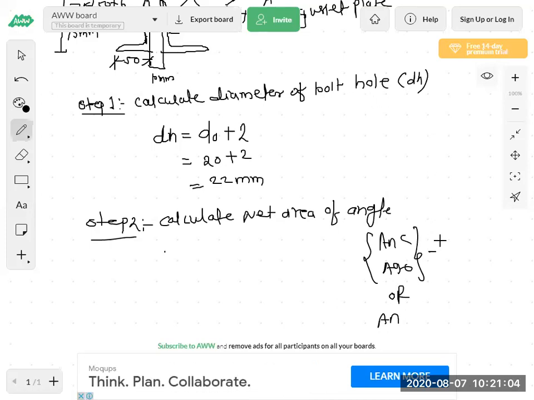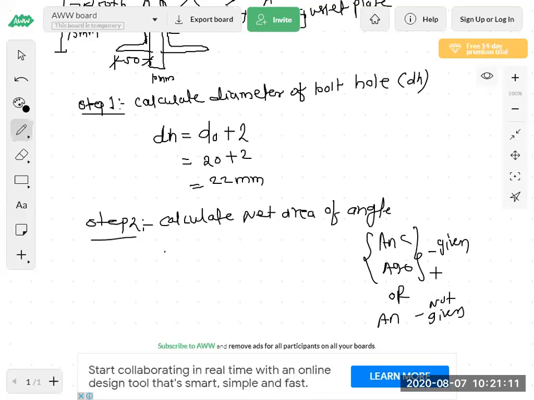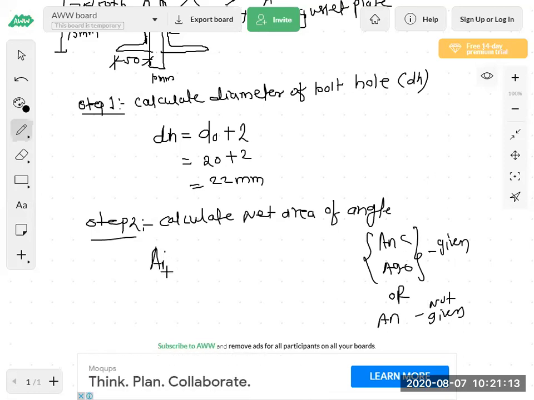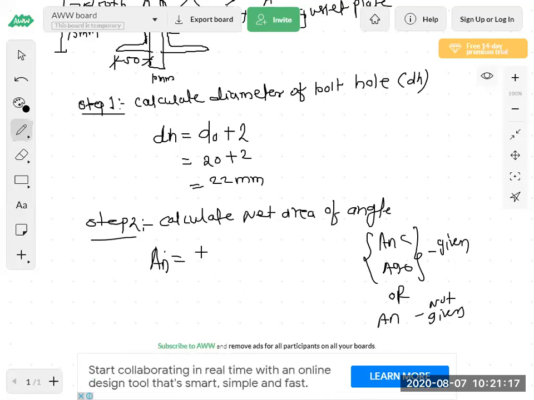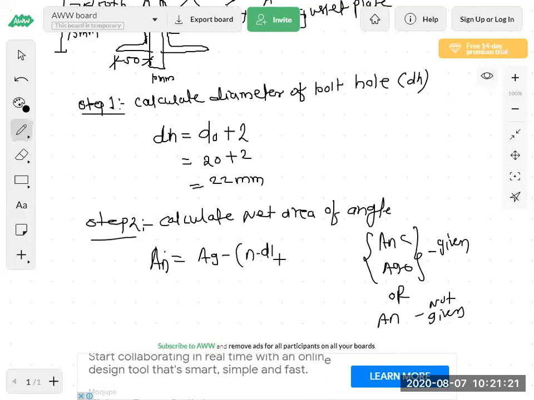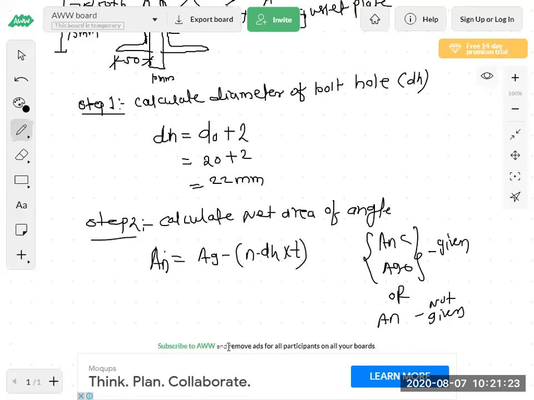Here the number of bolts is not given. So in this case we have to use directly the AN formula for the net area. So AN is equal to AG minus N into DH into T. This is the formula for the net area, AN.